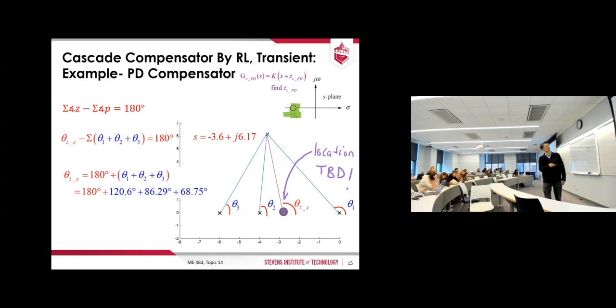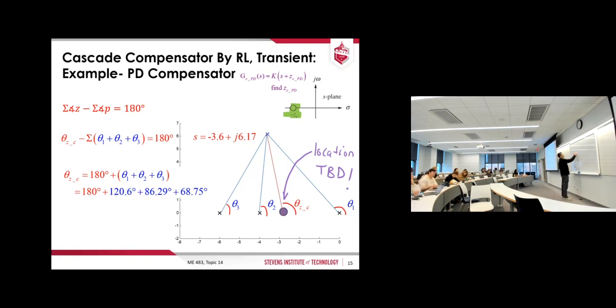So let's start from theta 1. Okay, prepare the calculator. Okay, theta 1. Oh, 0. And this axis here, that is negative 3.6.